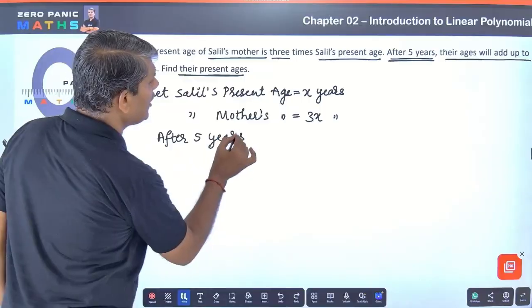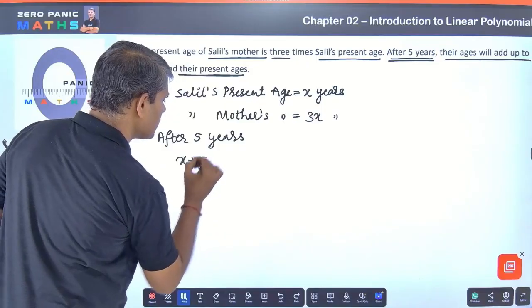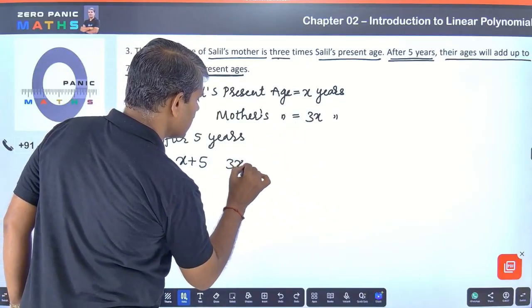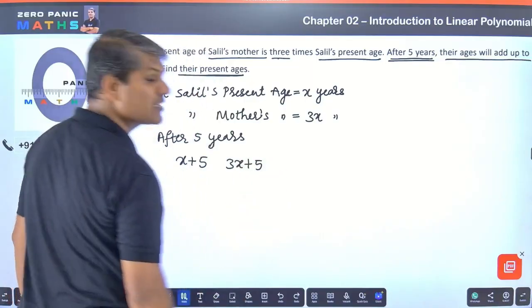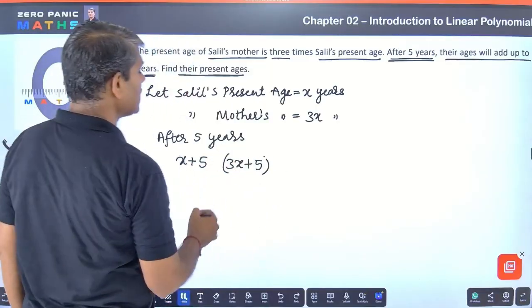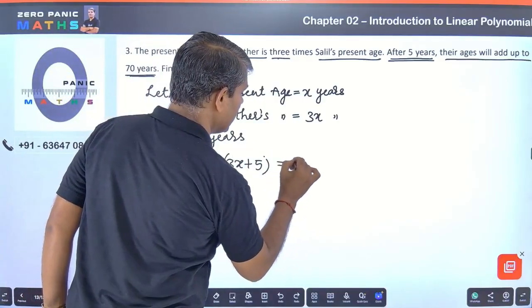So after 5 years, x plus 5 is the age of Salil, and 3x plus 5 is the age of Salil's mother. What they have told us is that the sum of these after 5 years will be 70.